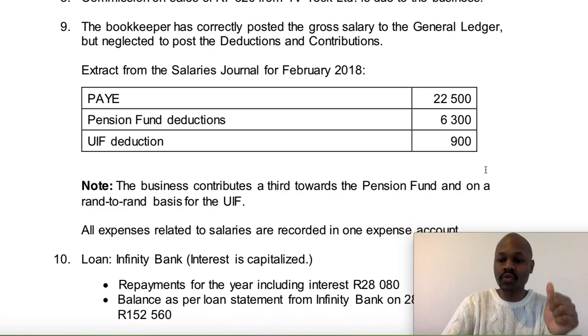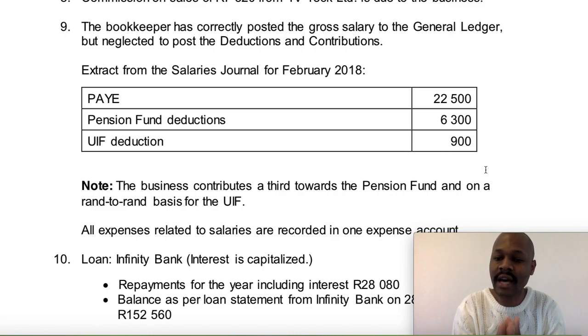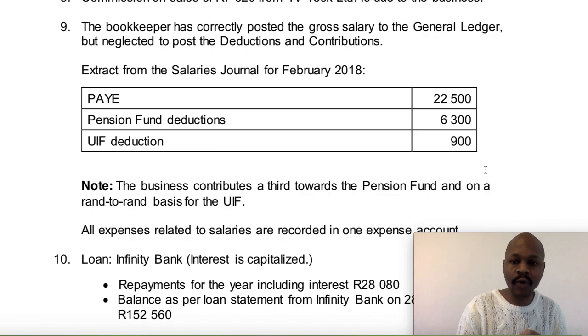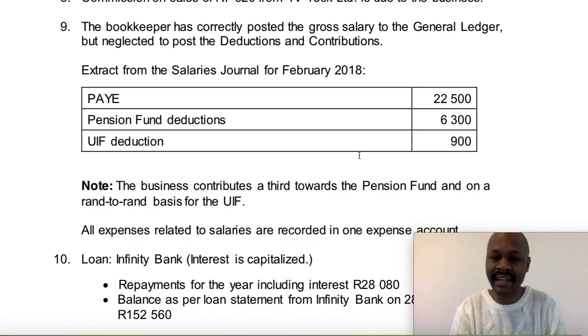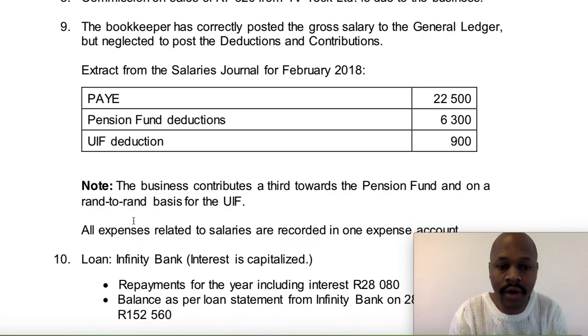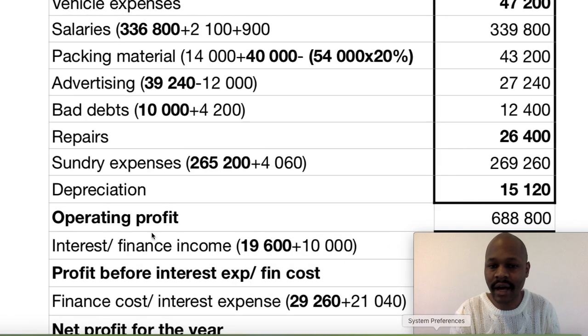If an employee pays 1,000, you match that 1,000 with another 1,000. For UIF, it's quite simple. We will take this 900 and add to what? They say all expenses related to salaries are recorded in one expense account. So it means right here, we will add this 900. Let's go to our answer book.